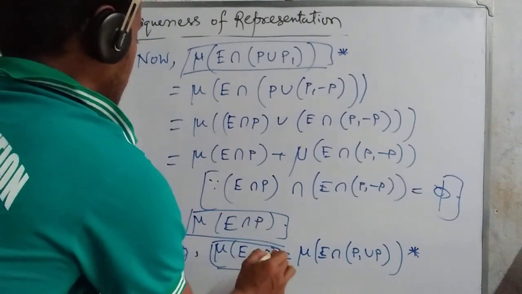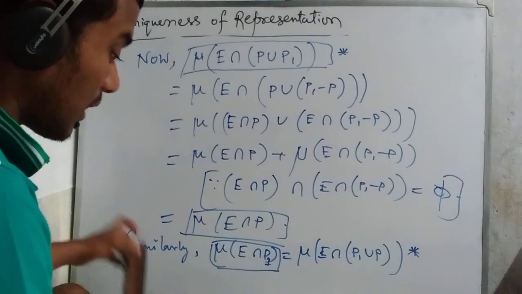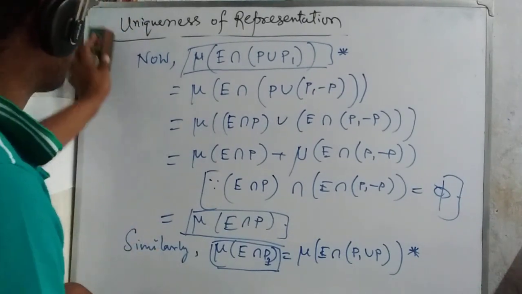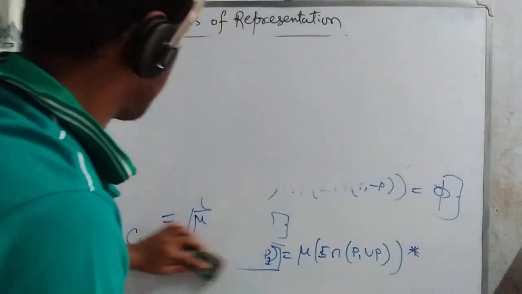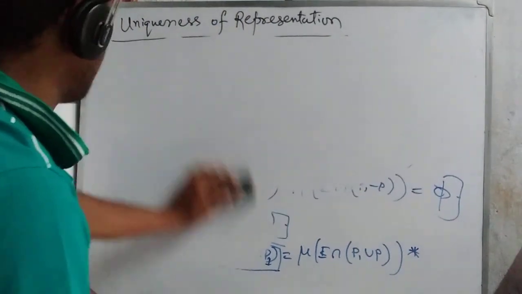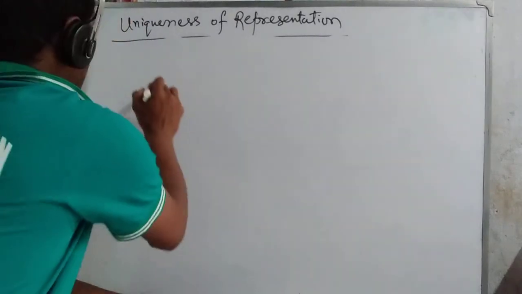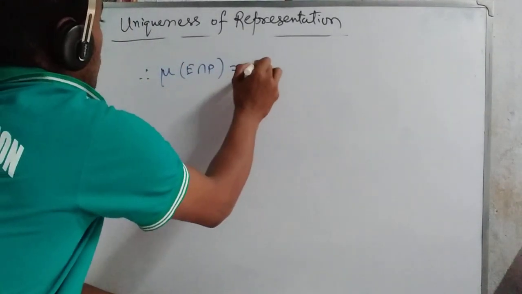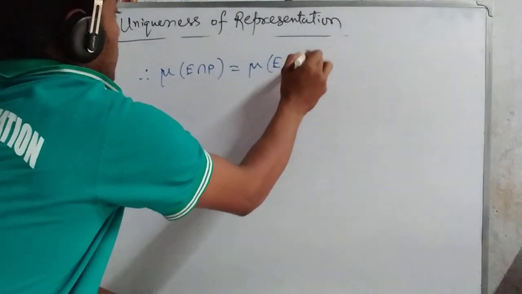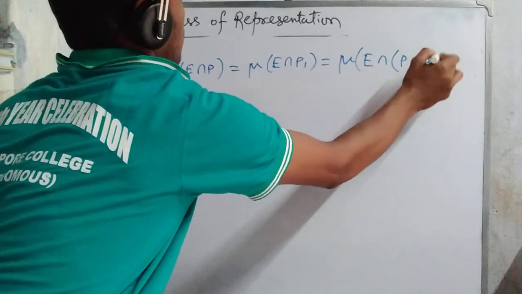I understand, not a problem at all, I think. Then we erase that portion and arrive at the needed uniqueness condition. Mu of E intersection P equals mu of E intersection P1 equals mu of E intersection (P union P1).